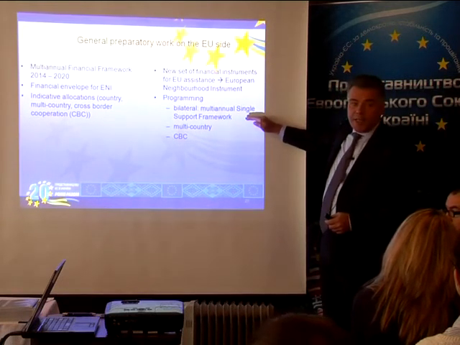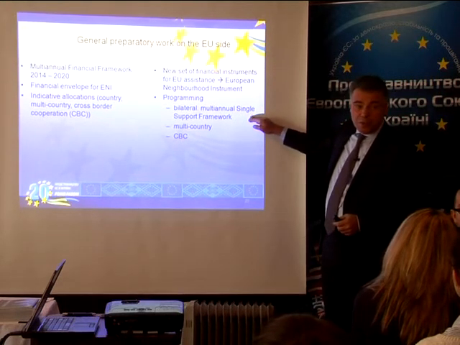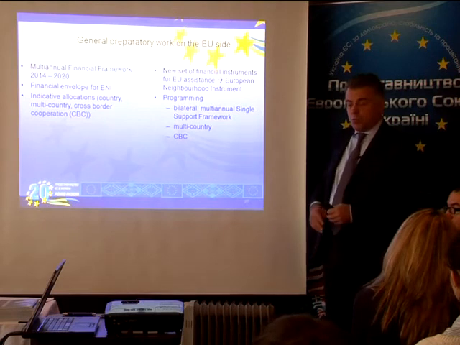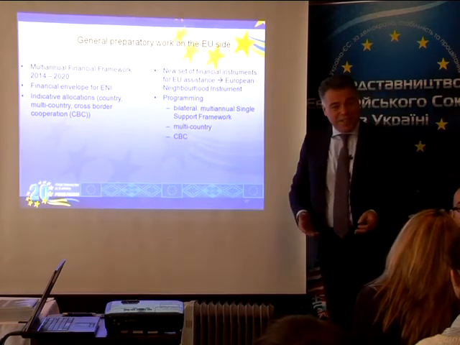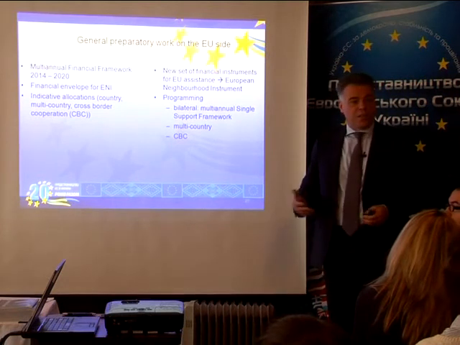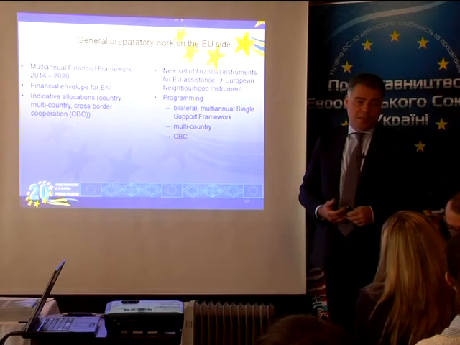And you go down to the next level, there will be what we call a single support framework, in which there will be a lot of textual explanations of why things are as they are, and then a list of priority areas in which we intend to provide assistance.